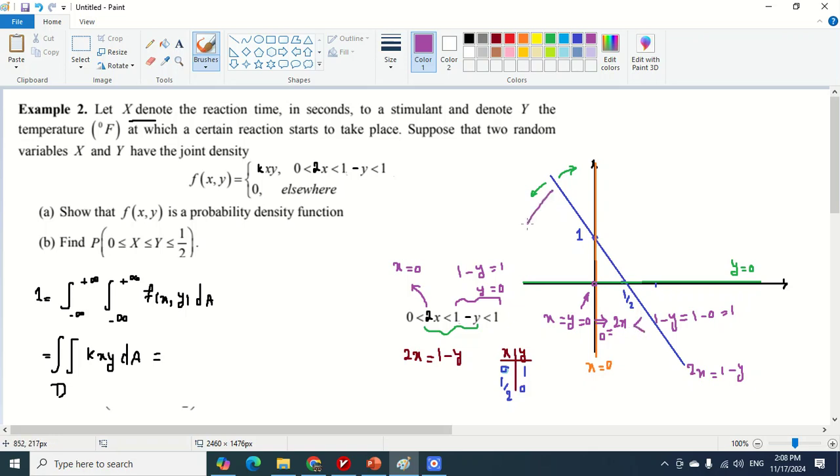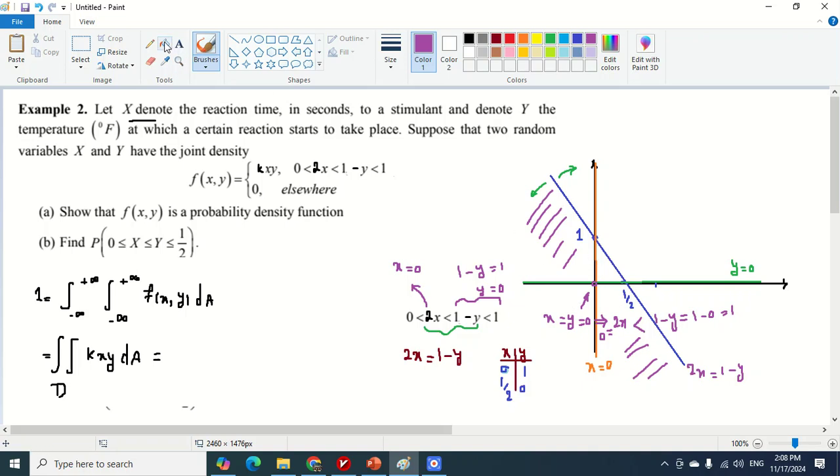So the region that we want is lying on the left side of that line. For this reason, the left side of 2x equal to 1 minus y should be considered. All the region on the left side of that one should be considered as the part that we wanted.